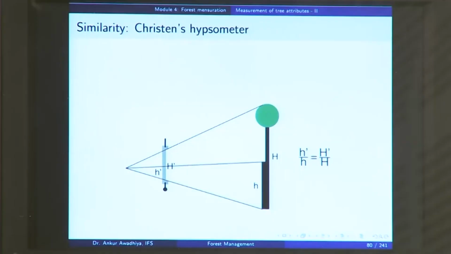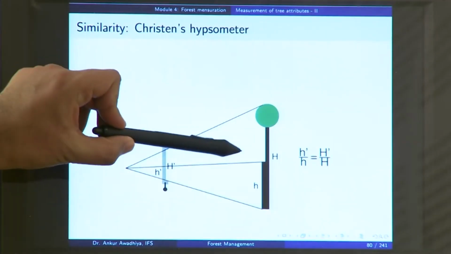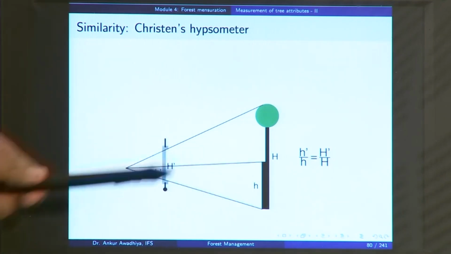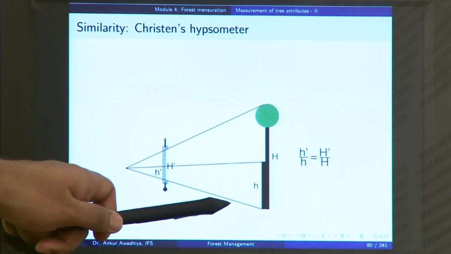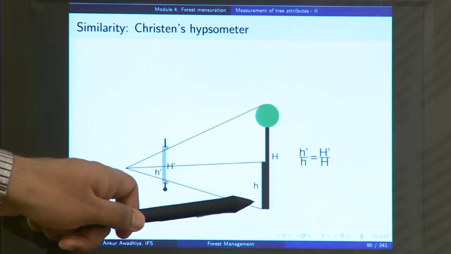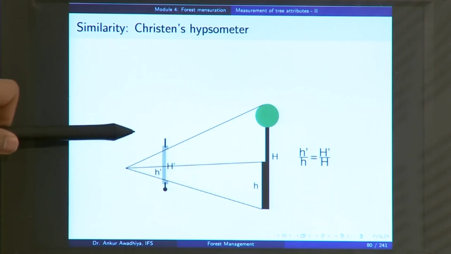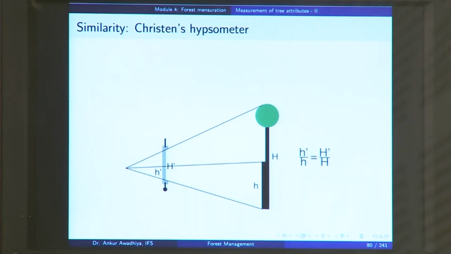Now, if you want to find out the height of a tree, what you do here is that you take a rod of a known length, let us call it small h, you place it near the base of the tree. So, it is now right next to the base, and you keep your hypsometer in a vertical position.